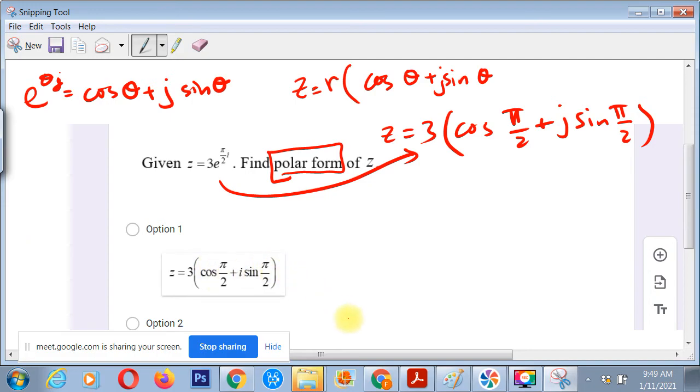Okay, so now you change to the degree lah. You can handle kan, ataupun you just masukkan dalam calculator. Just put it in your calculator. What is 180 is equals to cos 90 degree plus J sin 90 degree.